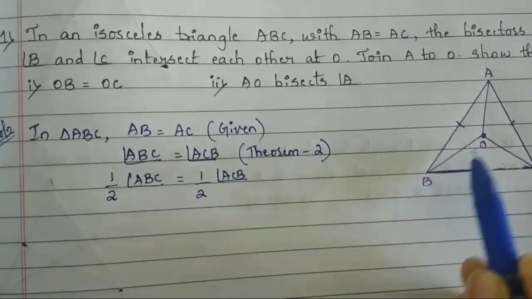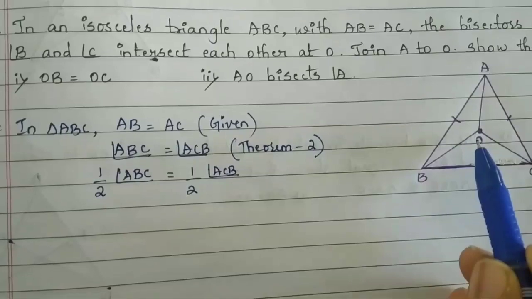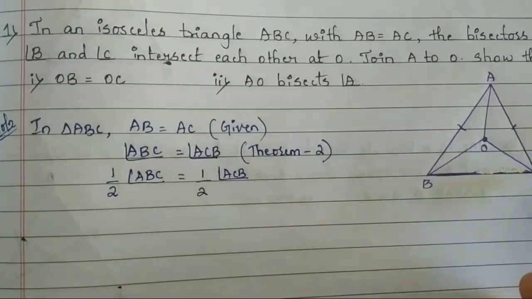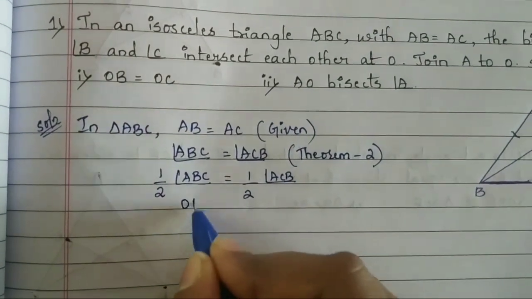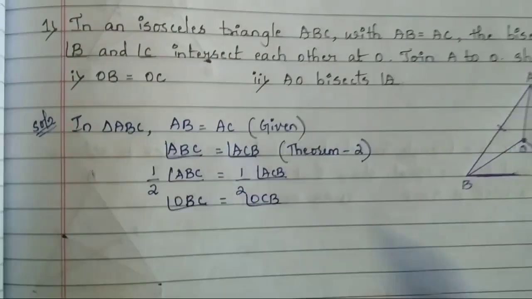OB and OC are dividing these angles into half. So after dividing, we will get OBC here and OCB here.